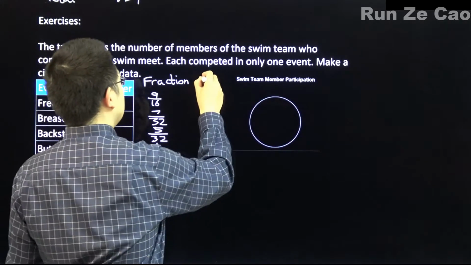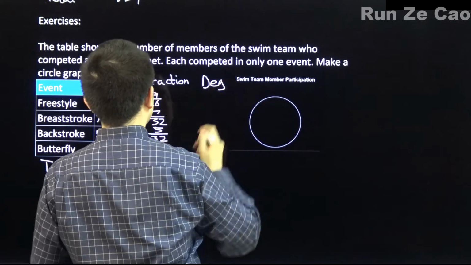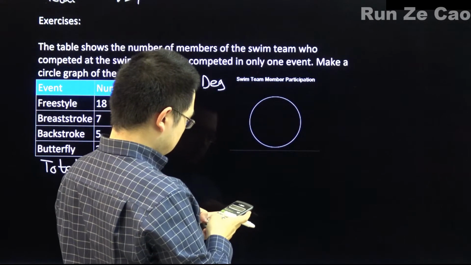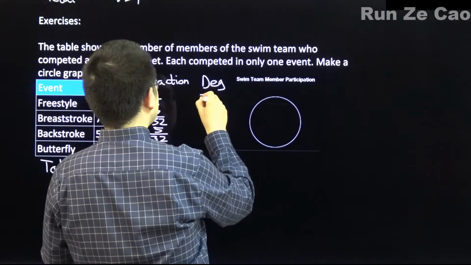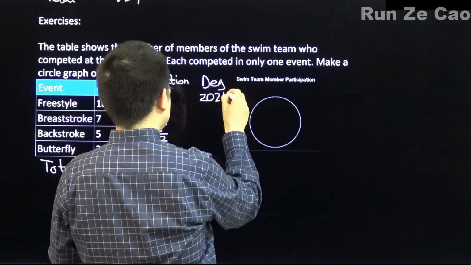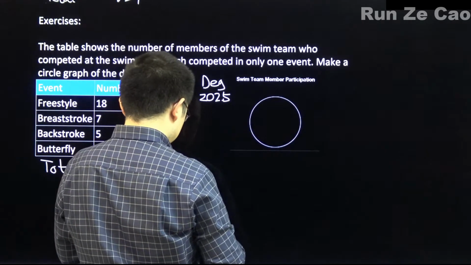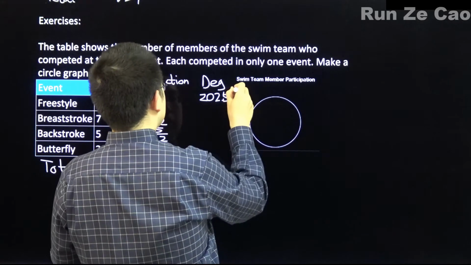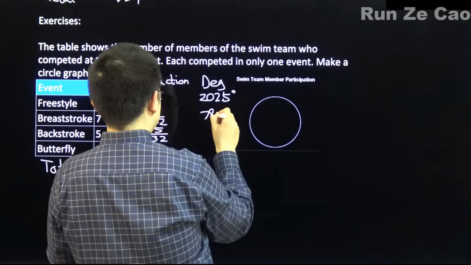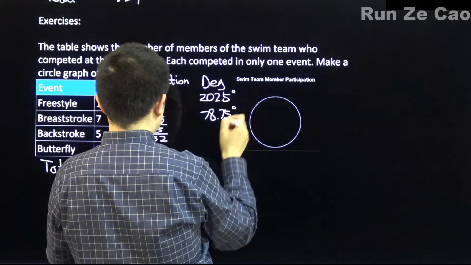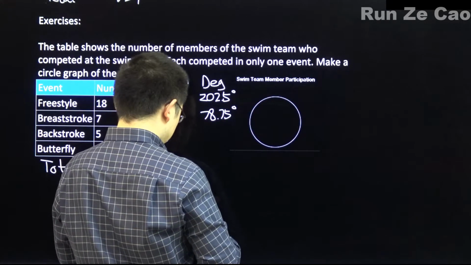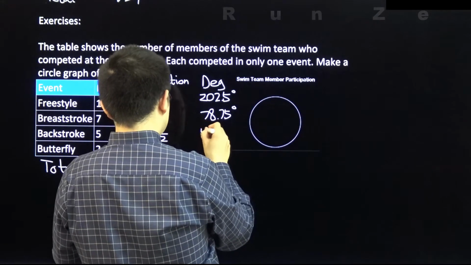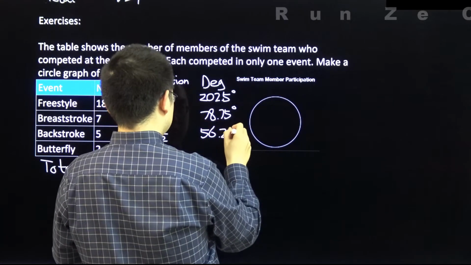So, degrees. 9 divided by 16 times 360, 202.5 degrees. 7 divided by 32 times 360, 78.75 degrees. 5 divided by 32 times 360, 56.25 degrees.